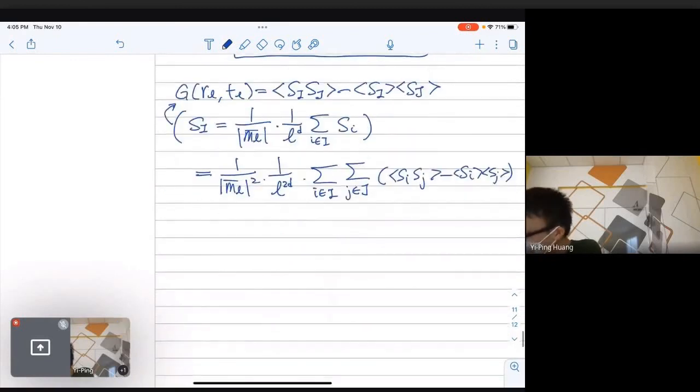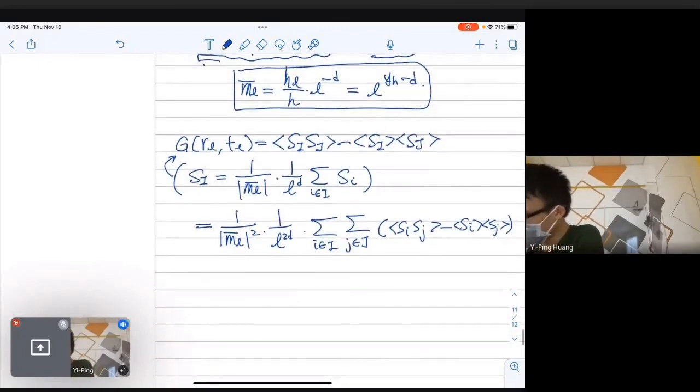This step is not non-trivial; you just plug that into your correlation function. The good thing is that now you know how ML bar transforms as you do the block spin transformation, so you can replace this term by some power of L. Eventually the prefactor would just be something related to L. I'll just write it down a bit later.